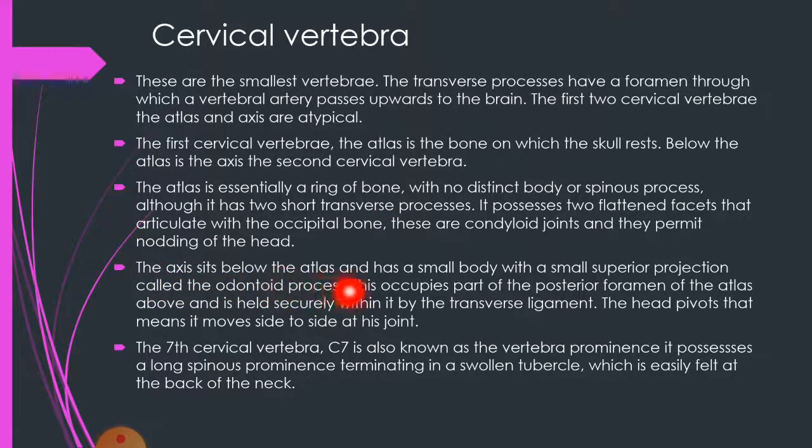The axis sits below the atlas and has a small body with a small superior projection called the odontoid process. This occupies part of the posterior foramen of the atlas above and is held securely within it by the transverse ligament. The head pivots, that means it moves side to side at this joint.